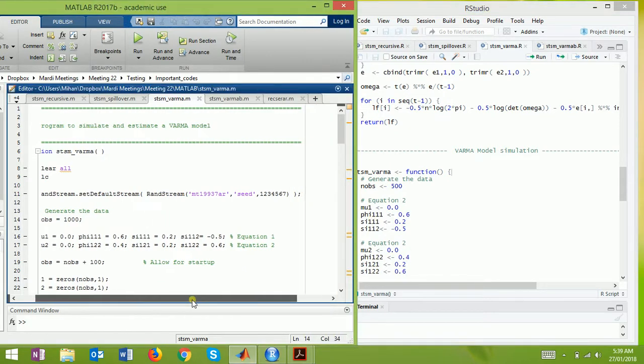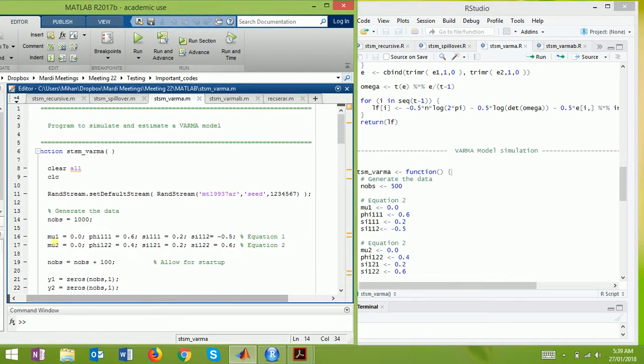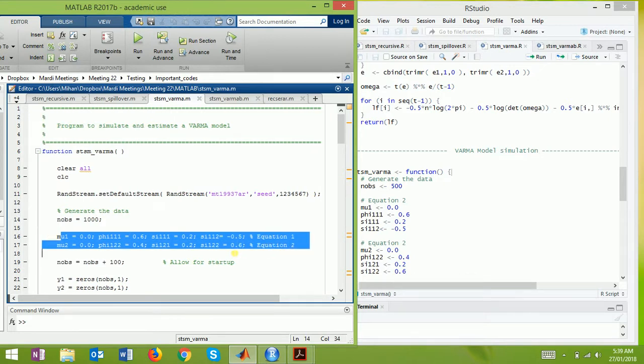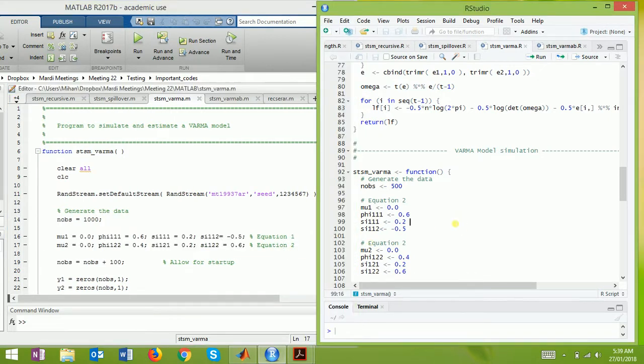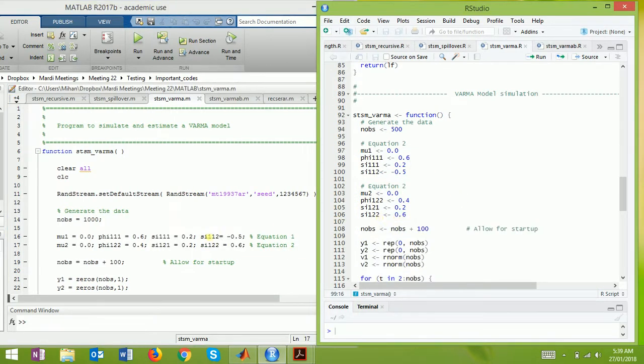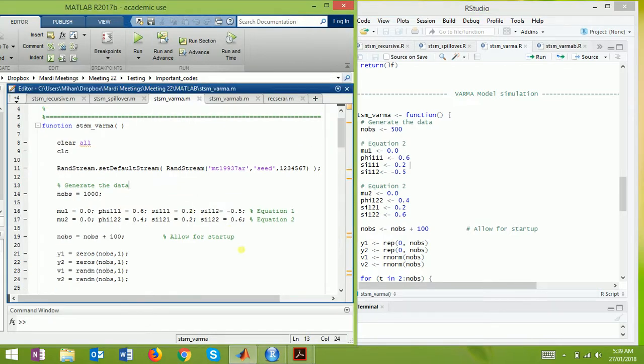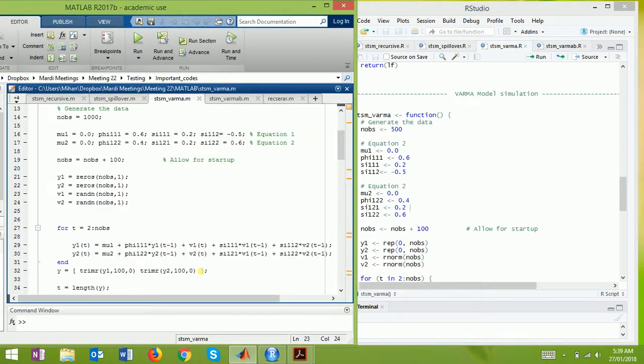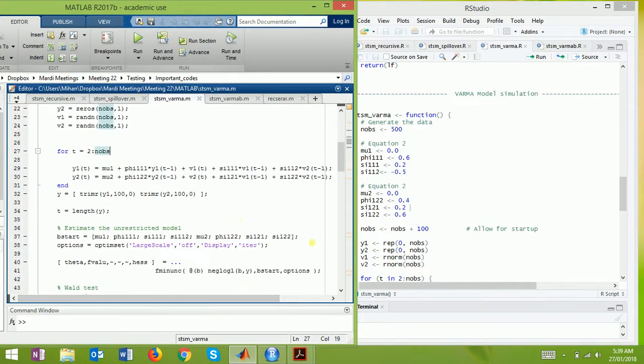We generate the data 1000 times with initial values for both of the equations from table 13.2, as we have seen, and we have to create 100 more observations and discard the first 100 observations. So plus 100, so y1, y2, v1, v2, right? That we will need to estimate.